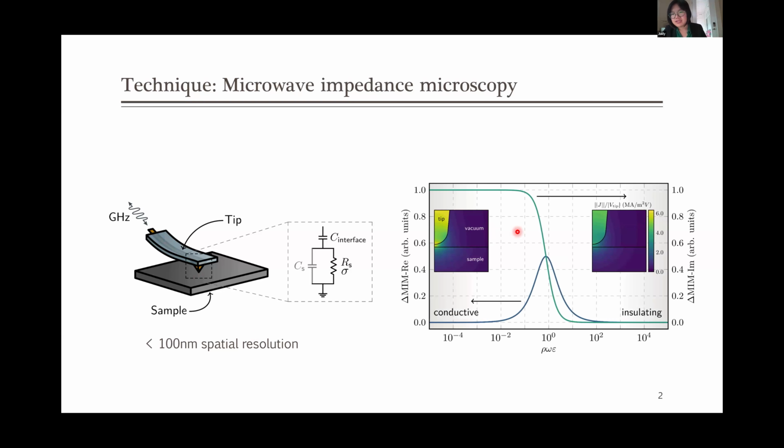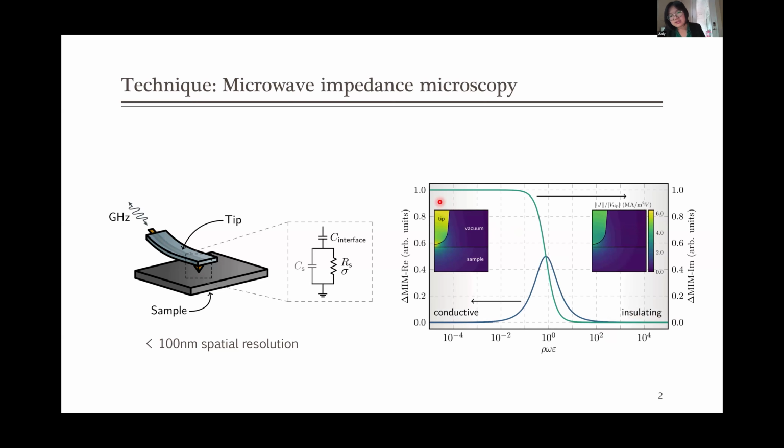back onto the tip. If you look at this response curve using finite element simulation, you will see that when the material is very insulating underneath the tip, a lot of microwave will penetrate through, and so you get the least signal from this green line.